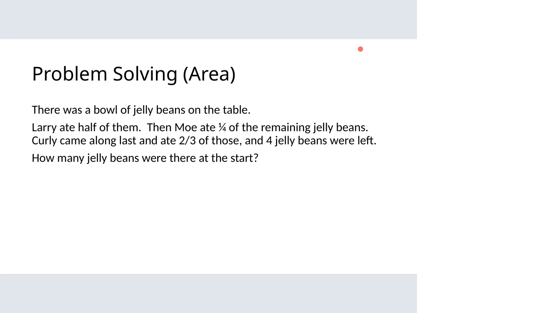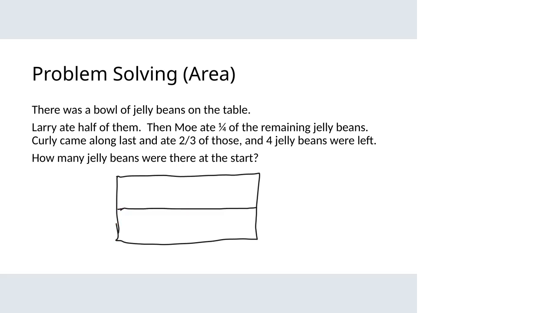So there's a bowl of jelly beans on the table. We used a circle last time. I'm going to use a rectangle this time. There's a bowl of jelly beans on the table and Larry ate half. So I can cut this rectangle in half and say, here's what Larry ate. Those are gone. Those have been eaten. Then Mo ate 1/4 of the remaining jelly beans.